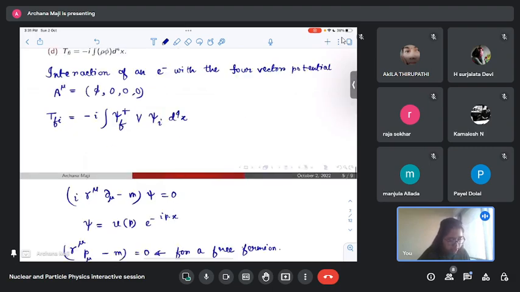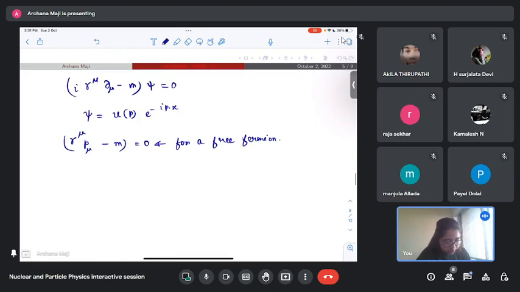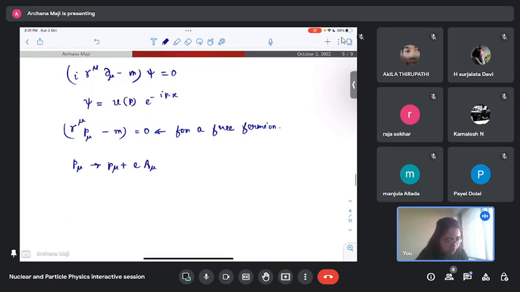And when there is a potential A mu, then this P mu has to be replaced by P mu plus E A mu, where minus E is the charge of the electron.